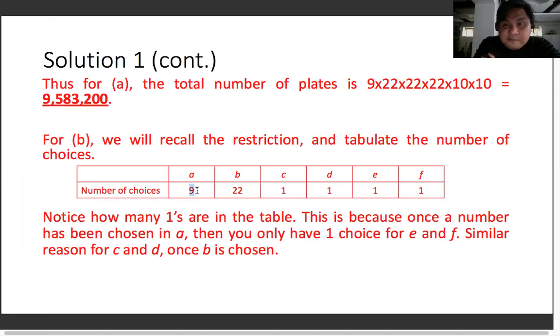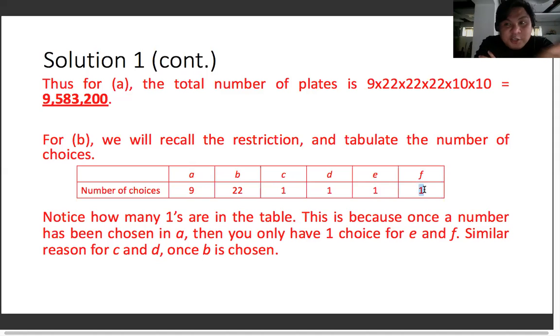By choosing 5, right, so your plate begins with a 5, then 3 letters, then 2 numbers. By choosing 5, you have already restricted the number of choices you have for positions E and F. Take note, the numbers need to be the same. So whatever number you choose in position A should be the same number you choose for position E and F. That's why position E and F can only have one possible choice.